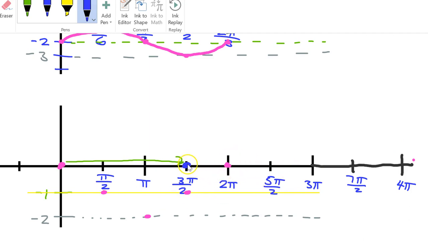Okay, so we know that the cosine starts off high, then it falls to the midline, and then it goes to its lowest point, and then it goes back to the midline, and then it ends at its highest point. Okay, so there you go. So that tells you that the final answer should look like this.